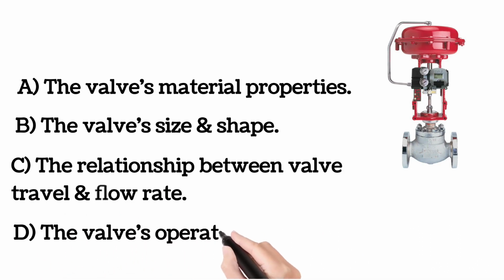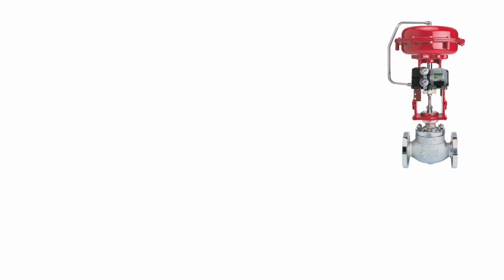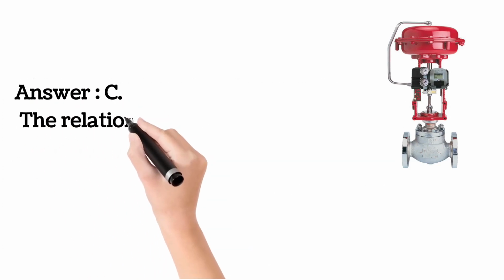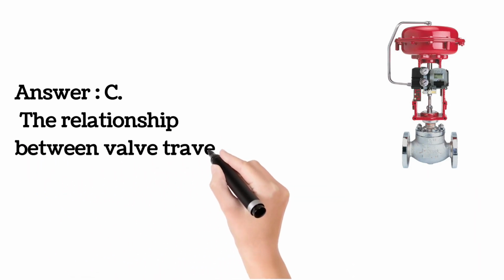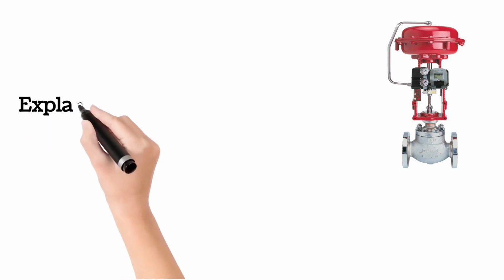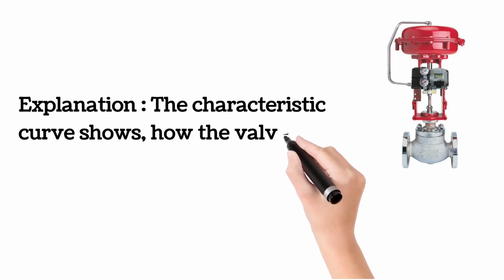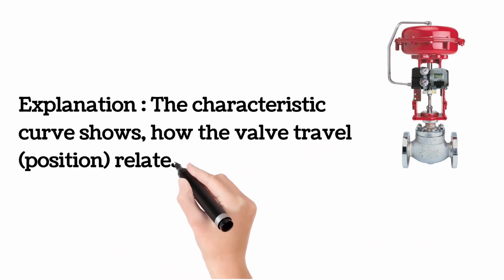D. The valve's operating temperature range. Answer is C. The relationship between valve travel and flow rate. Explanation: the characteristic curve shows how the valve travel or position relates to the flow rate it controls.